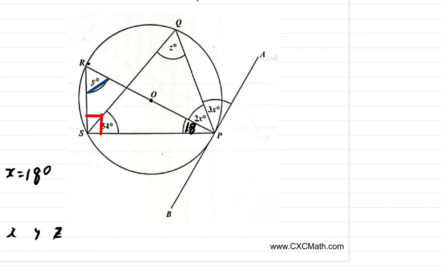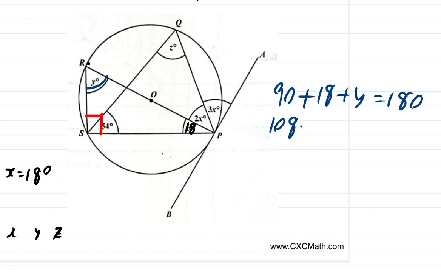So therefore, what would be the third angle? This angle here. You already know one angle to be 18, the other is 90. So you can figure out the third angle. So the angle PSR is 90 plus angle SPR is 18 plus angle Y equals 180 degrees. Alright? 90 plus 18 is 108 plus Y equals 180.